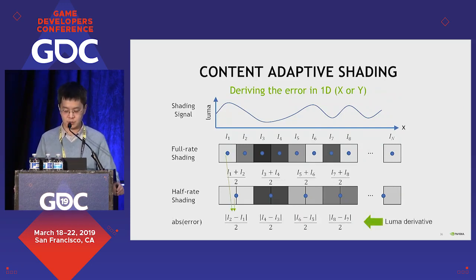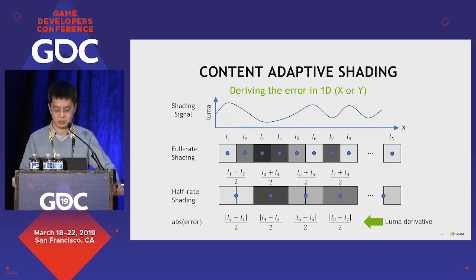If we take the absolute difference between the 2 rows per pixel, then we get these terms, which are exactly half of the absolute luma derivatives per each pair in the first row. If we sum those up and normalize, we'll get an average half-rate shading error in this group.